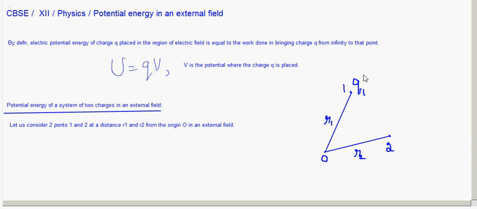So work done in bringing q1 from infinity to point 1 is given by q1 into v1, because we have assumed 2 points 1 and 2 in the external field. Let v1 and v2 be the potentials at point 1 and 2.